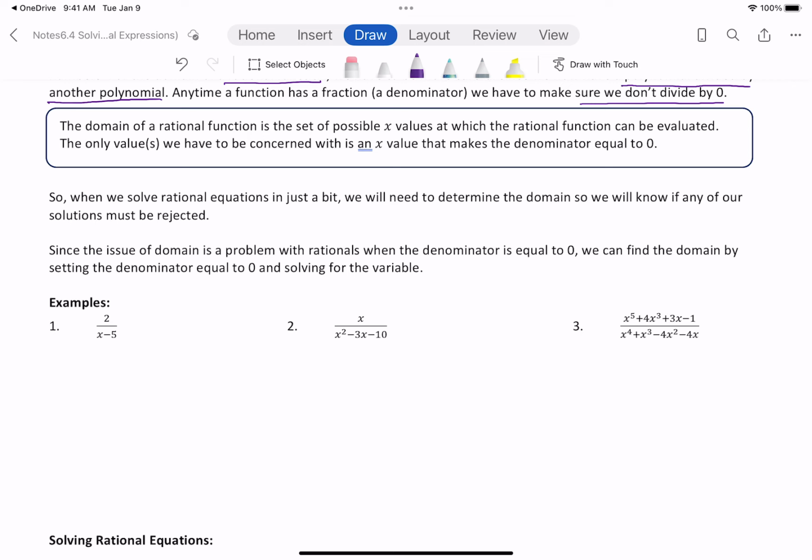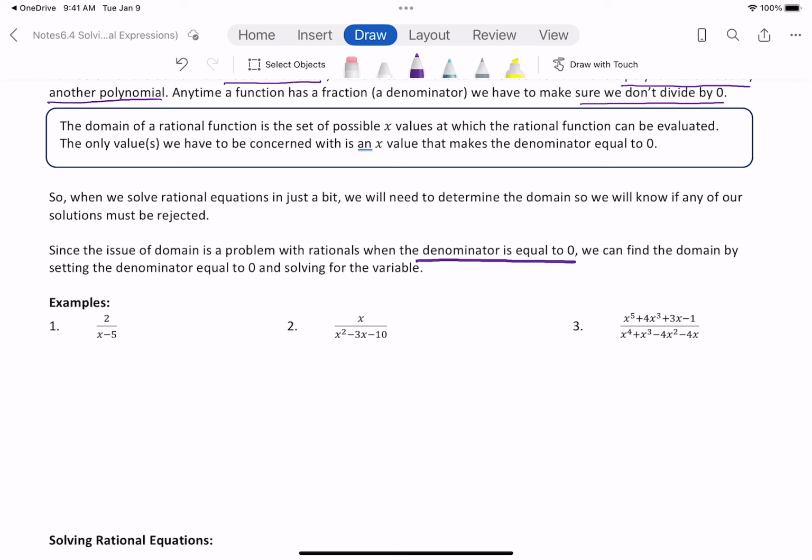So remember we said that the domain with rationals, that the issue is that the denominator cannot be 0.